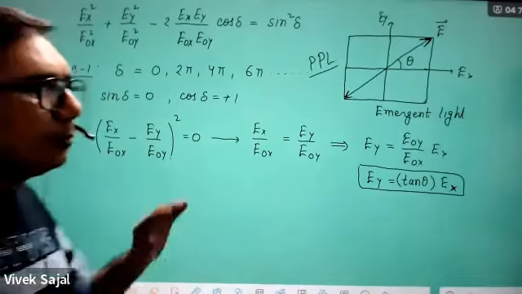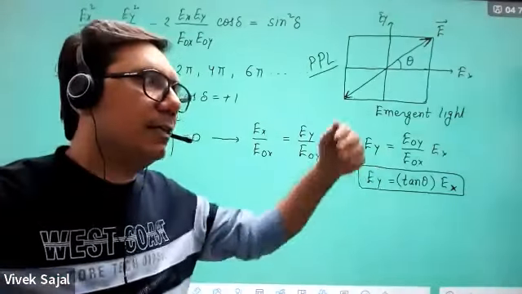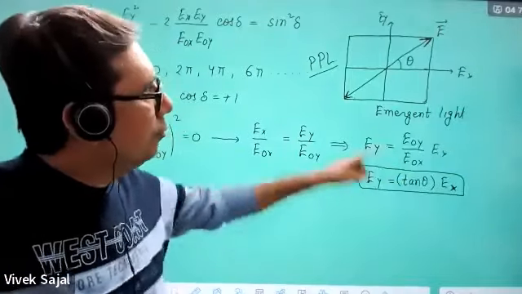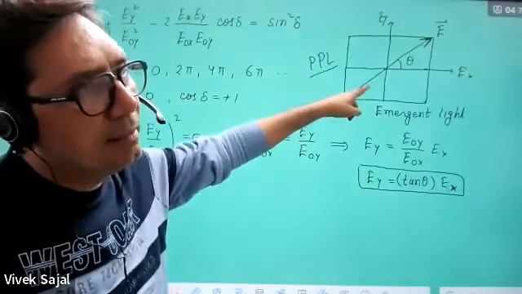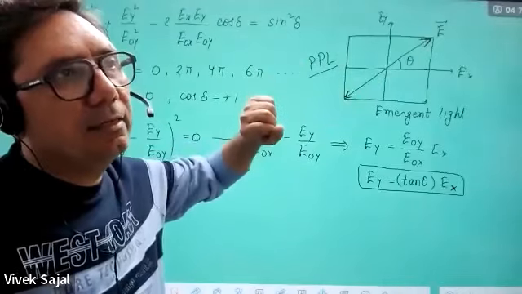So here, whatever light is incident, the same light you're getting on the emergent side. So look, this is emergent light, same as the incident light.